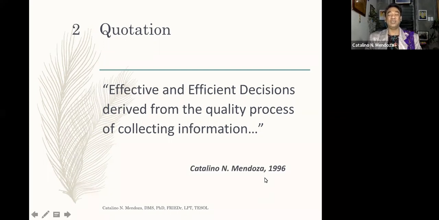This is exactly what I want to emphasize here in my presentation, because we have to come up with a very good result of a research combining two different methods or methodologies, otherwise validating one by the other method. So we are supposed to be effective and efficient in making decisions that would definitely derive from quality process. And the quality process is identifying what should be the right and appropriate method to be used.